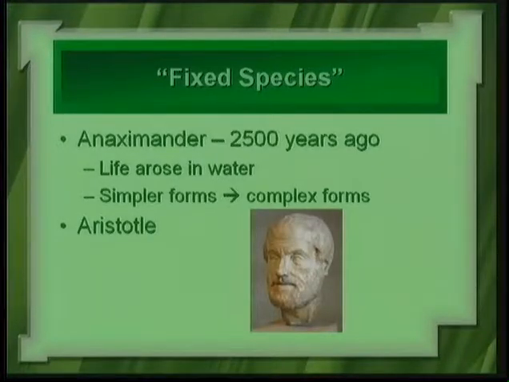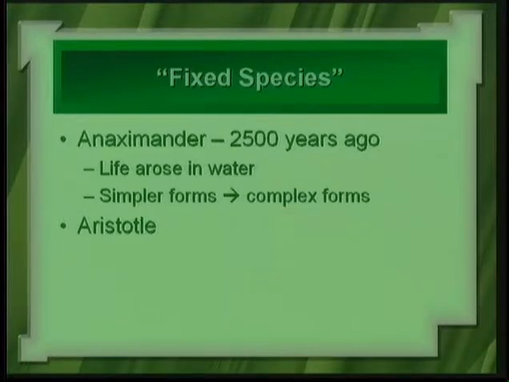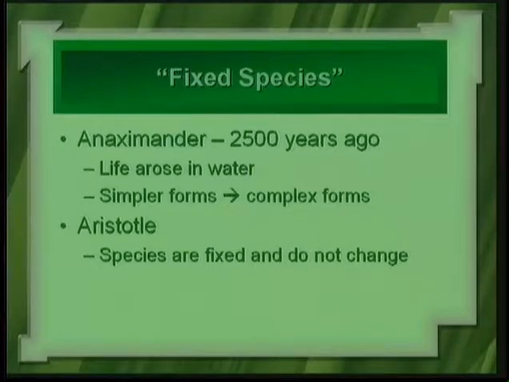Later on though, this fellow named Aristotle, very influential fellow. I believe he was a disciple of Socrates. Aristotelian thought has taken over Western ideas for many centuries, and he believed that species are fixed.